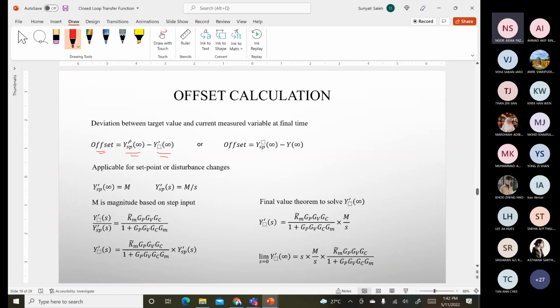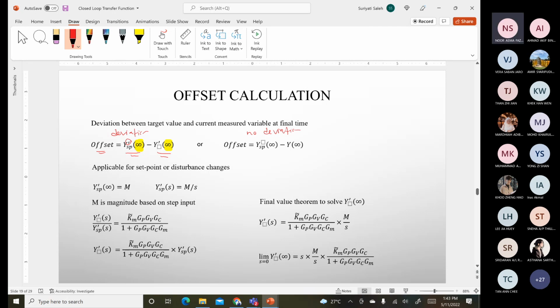Sometimes this is based on the deviation, and in some cases you don't have the deviation, no prime inside the equation. So this can be obtained from your equation. The main point here is that in the bracket you have the infinity. This means we just obtain the offset value at final time.